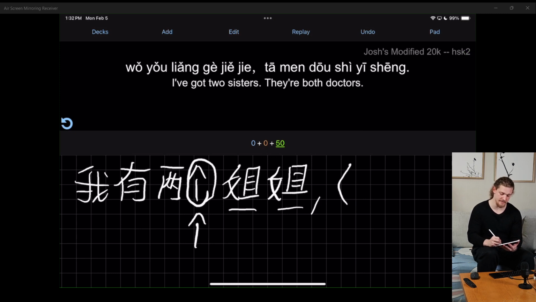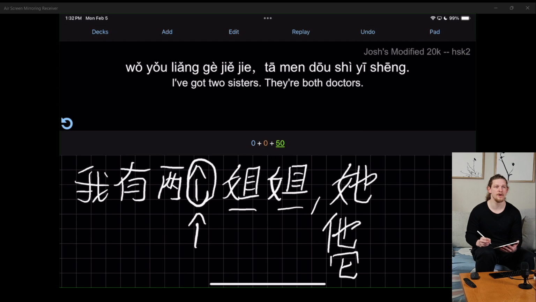This is 她们. This word 她 can be written in different ways in Chinese. You have 她, this is for girls. You have 他 for men. And then you also have 它 for things or animals, where you're maybe not sure whether it's a boy or a girl.